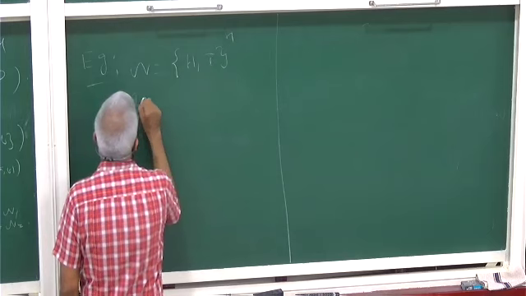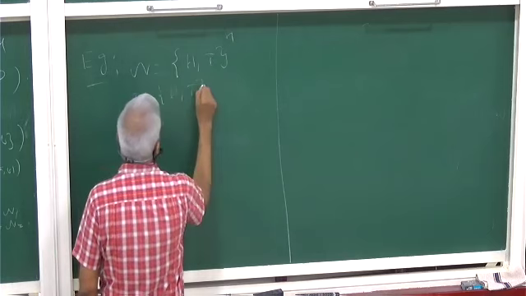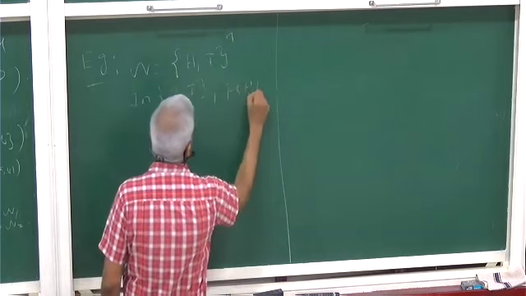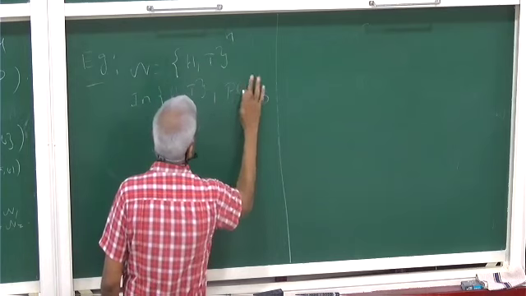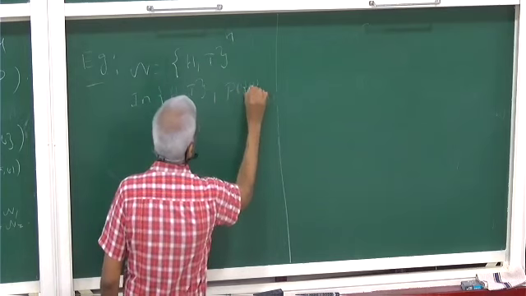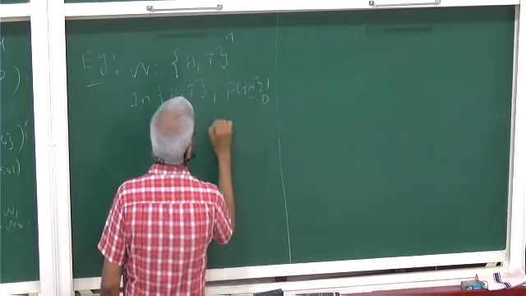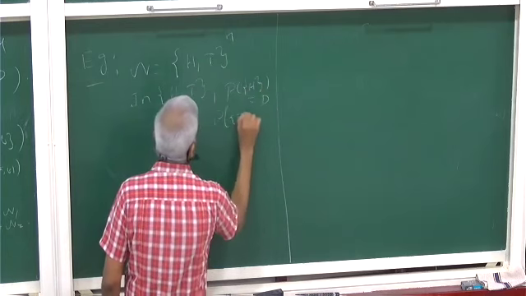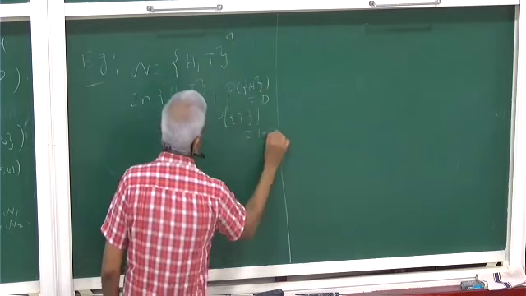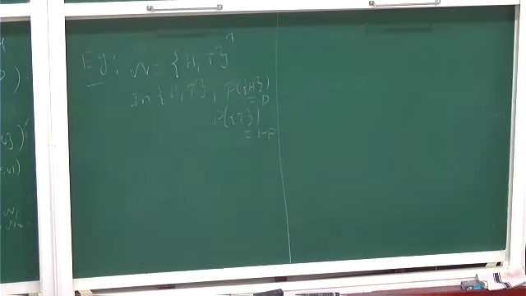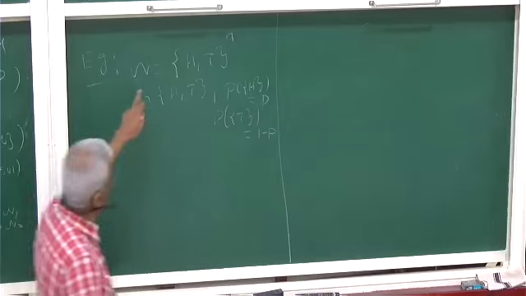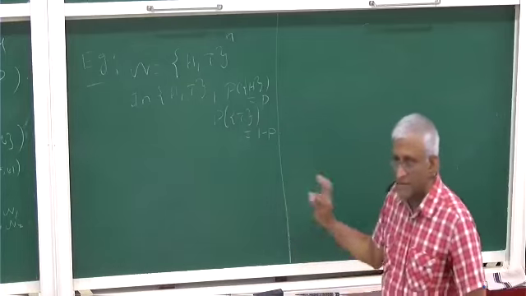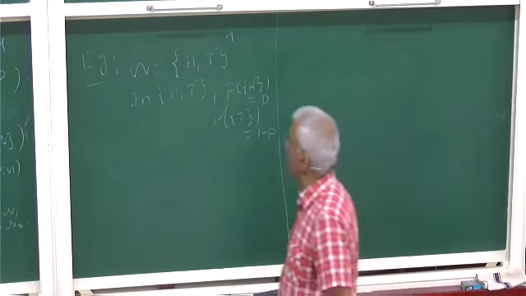In {H,T}, in this space, the probability of the singleton H is p, and the probability of the singleton T is 1 minus p. Probability of head is p, probability of tail is 1 minus p. Then you take the n-fold direct product of this.